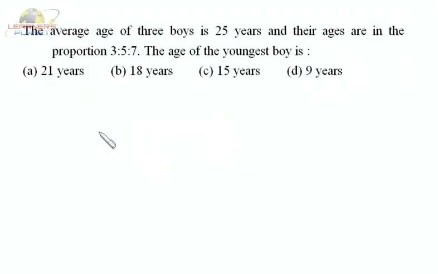Now let's see this problem. The average age of 3 boys is 25 years and their ages are in the ratio 3:5:7. Then we have to find out the age of the youngest boy. If the average age of 3 boys is 25 years, that means their total age will be 75.